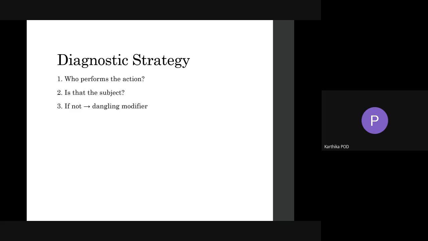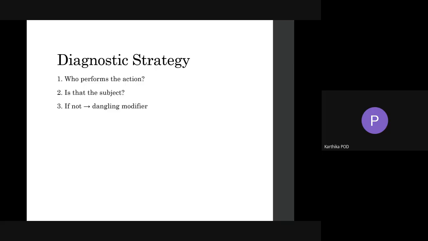So how do you recognize that? You have to ask the question, who performs the action? Is that there? Is that the subject? If it is not the subject of that sentence, then it is a dangling modifier, which means it is a grammatically wrong sentence.